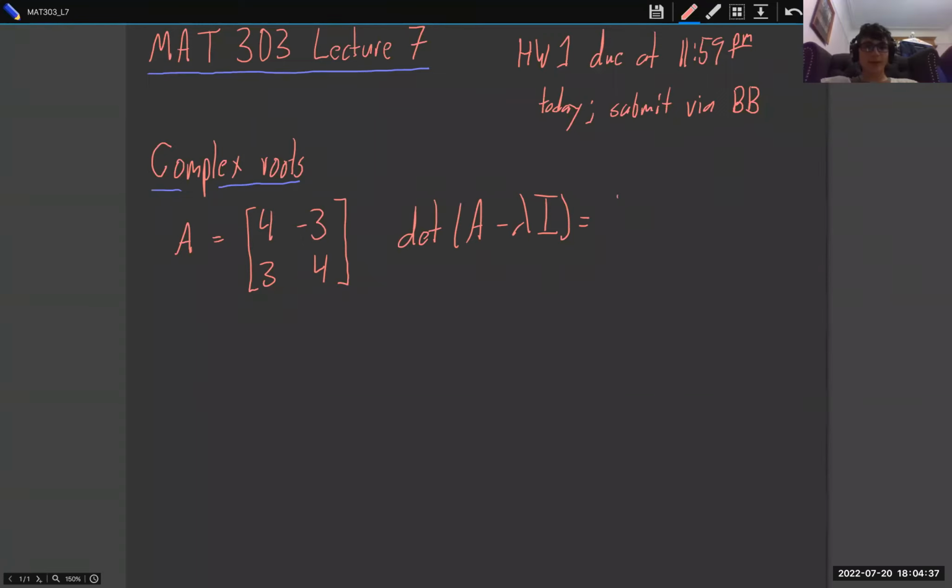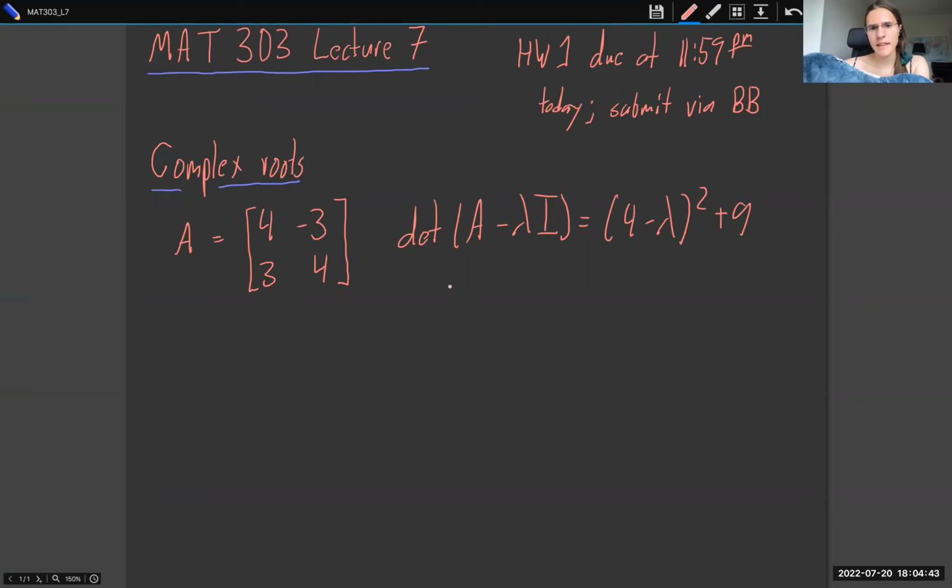Four minus lambda squared plus 9. And that's lambda squared minus 8 lambda plus 16 plus 9, and that gives me 25. So lambda squared minus 8 lambda plus 25.